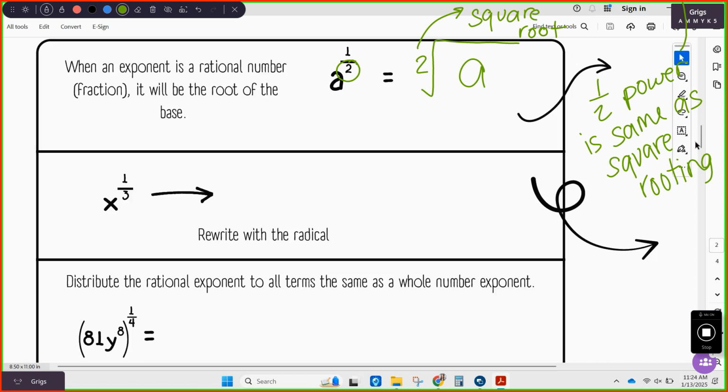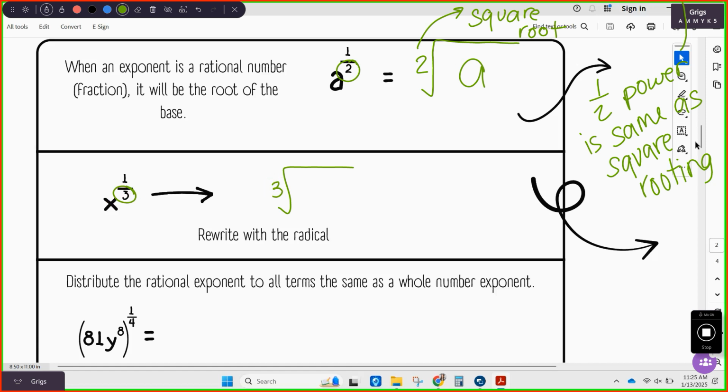So if I can't have fractional exponents and I rewrite them, what would this one rewrite to look like? What do I first need to put there? What did I first put over there? Square root, okay. A radicand, it's called a radicand. Now, what did I do with the denominator? I put it outside.